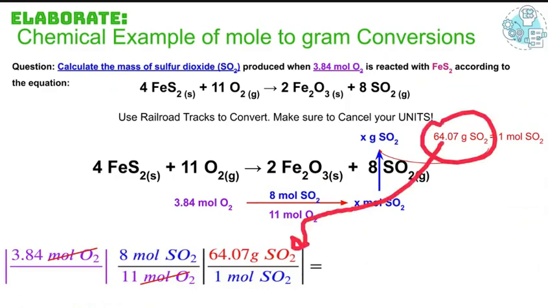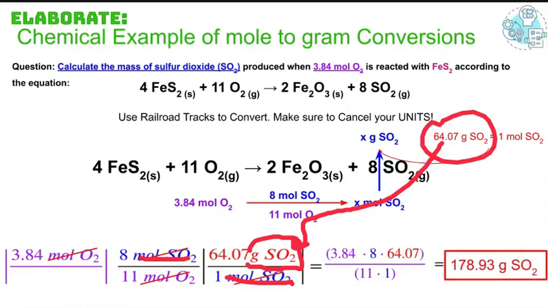Since we want grams of SO2, we want our moles of SO2 to cancel so that our final unit is grams of SO2. We want all of the other units to cancel in this example. Then we solve it in our calculator by multiplying the whole top and dividing by the product of the bottom. And we get 178.93 grams of SO2 are produced when you use 3.84 moles of O2.